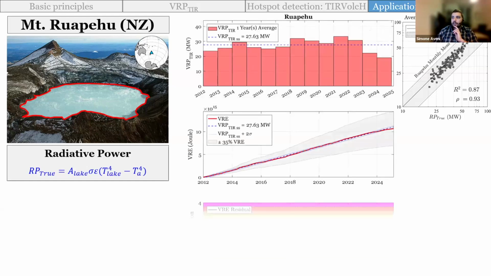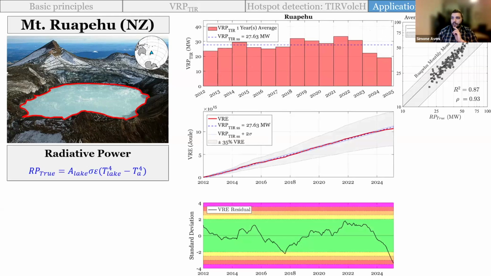If we take the annual average thermal emission, we see that Mount Ruapehu produces 27 megawatts as a heat flux. If we take this to be the baseline, the steady state of the system, we can then compare the volcanic radiative energy, namely the time-integrated energy sourced by the system, and see how this deviates from the long-term baseline.